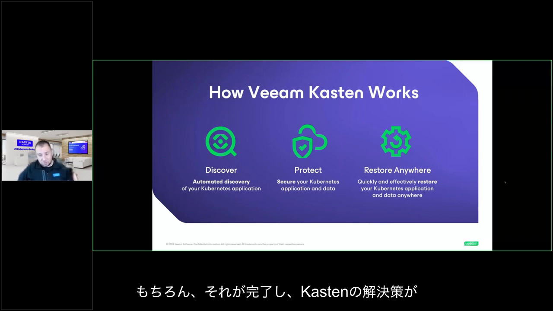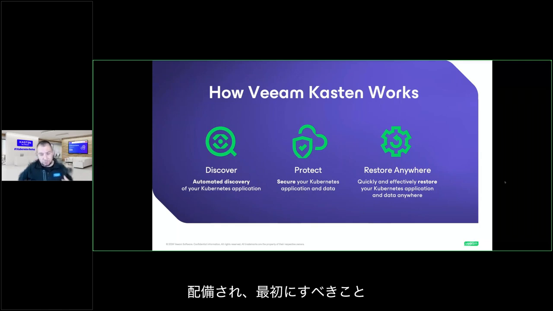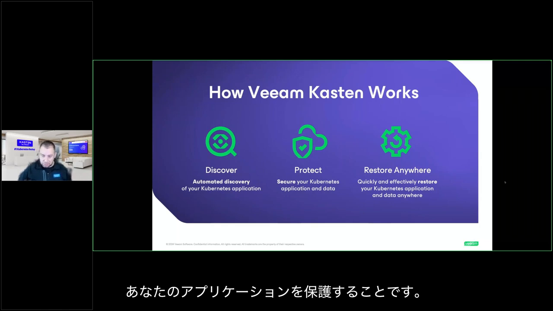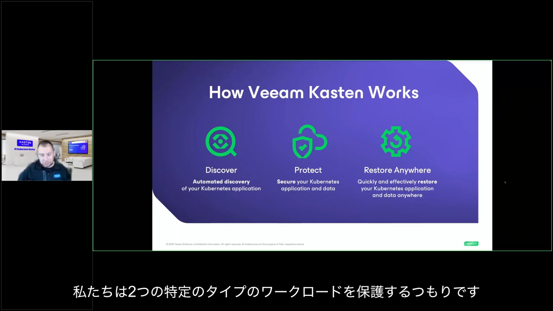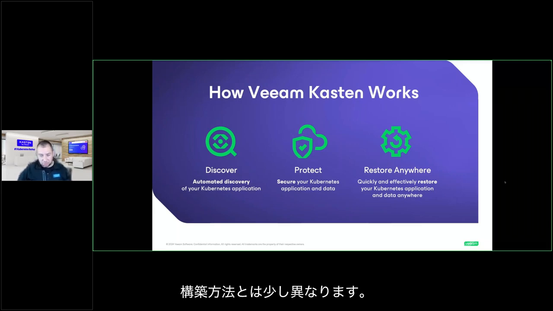Of course, once that is done and once the Kasten solution is deployed, the first thing to do is to protect your application. So you will see that during the demo, we are going to protect 2 specific types of workload that are slightly different from the way they are built.